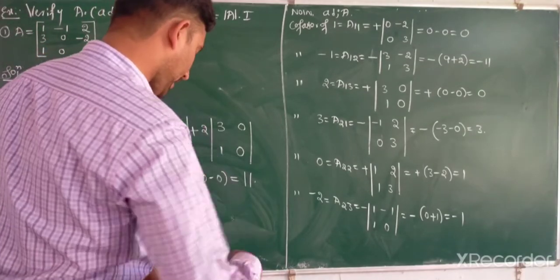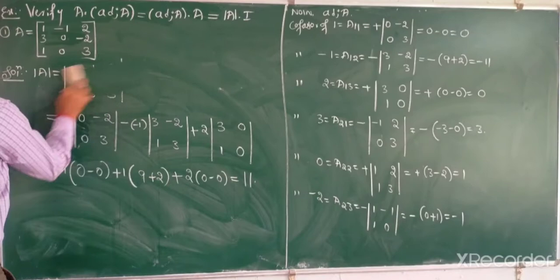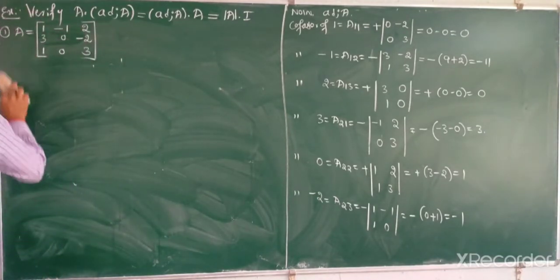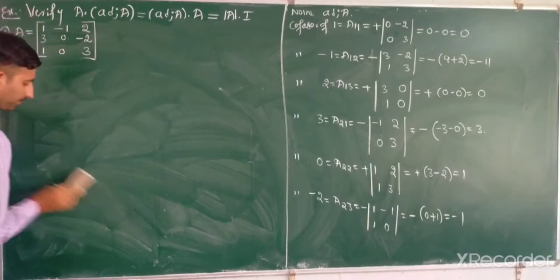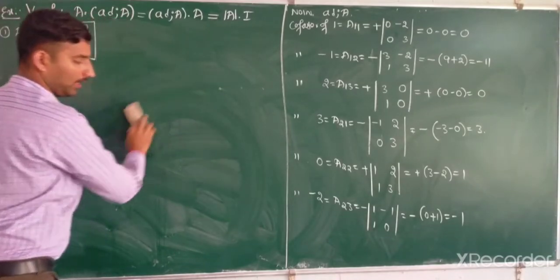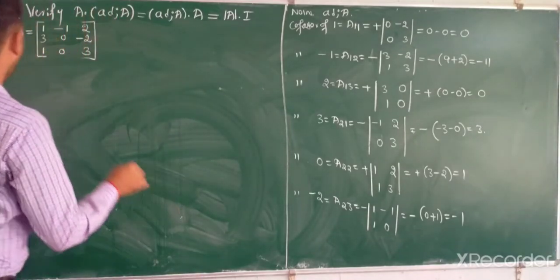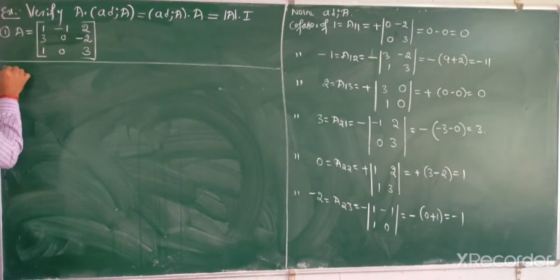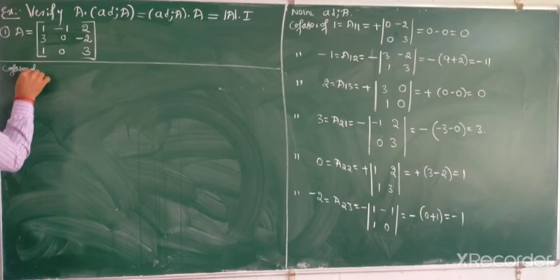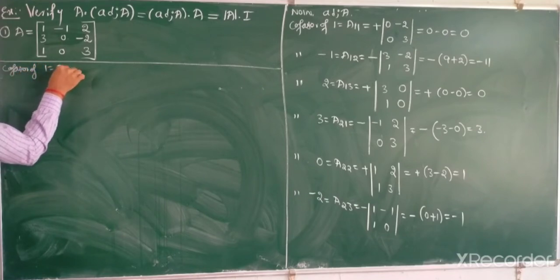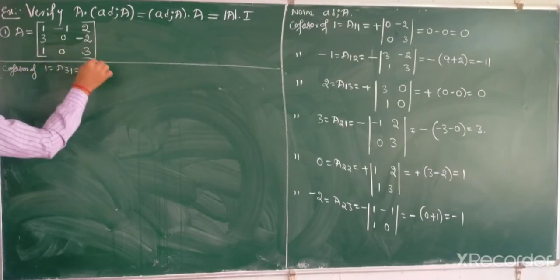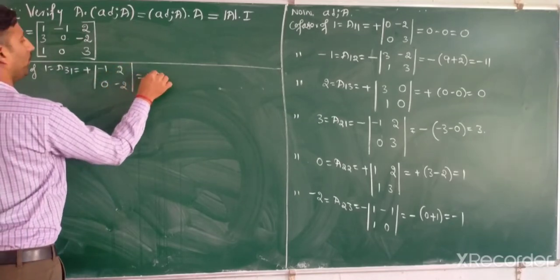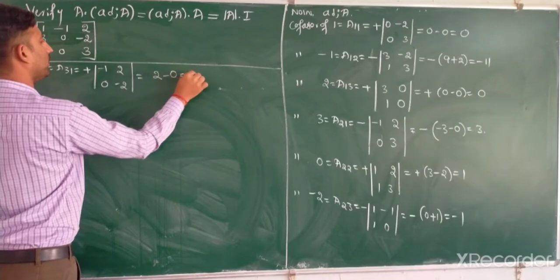After that, A31. Cofactor of A31, position is plus: 2 minus 0, which is nothing but 2.